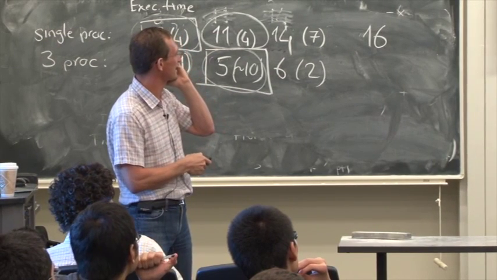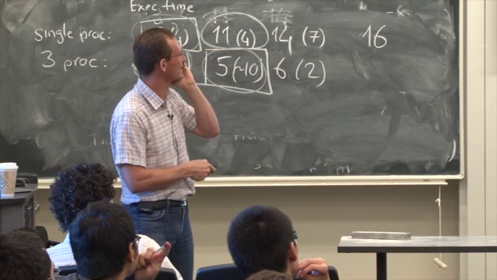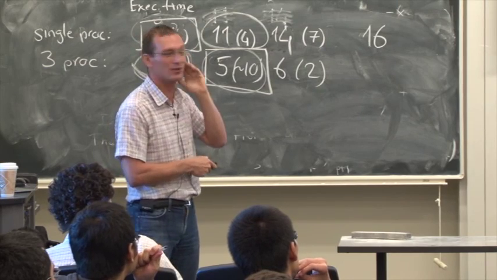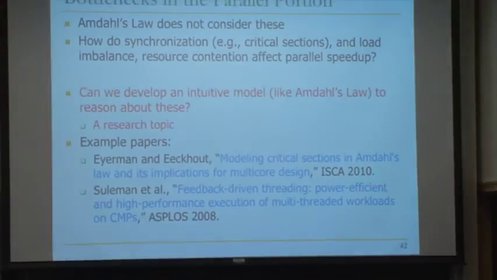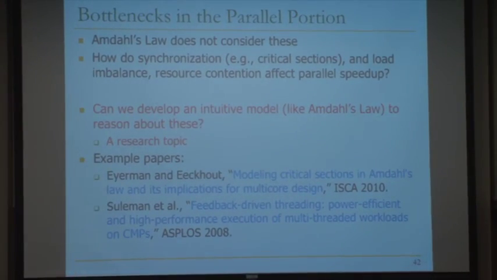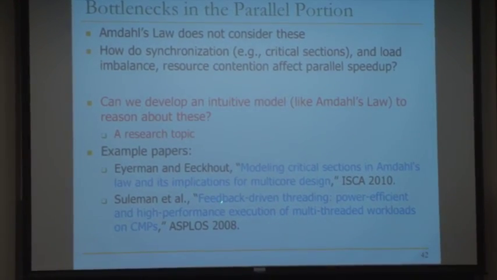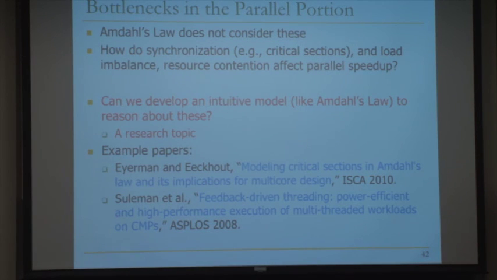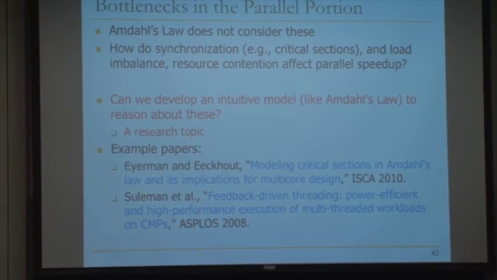There are some papers that try to tackle this, although they're not fully successful. But these are a good place to start, because they haven't fully covered all of the bottlenecks. But I would recommend you to take a look at these. And Han will put these up, just like he does every single paper. But if you're interested in it, this is an important and difficult research problem.